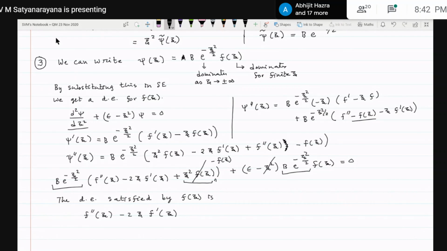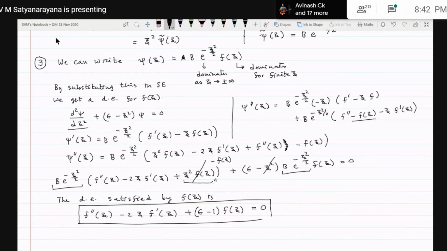So that gives me plus epsilon minus 1 into f of xi is equal to 0. So this is the equation, that differential equation satisfied by the function f.